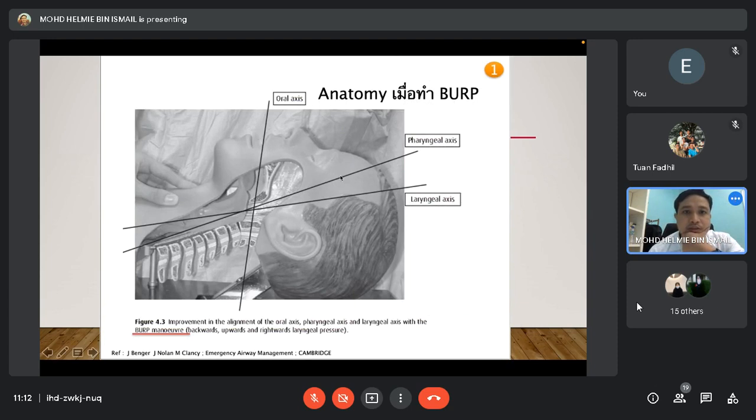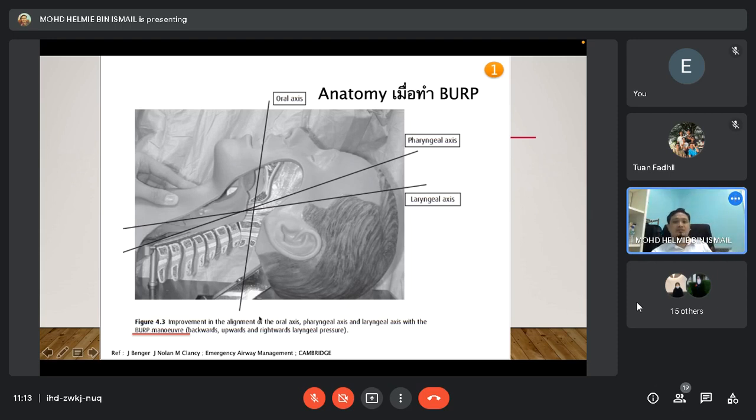So when you position, you can have a maneuver. Satu adalah you position, flex the neck and extend the head. And then to improve visualization of the vocal cord, you can do the BURP maneuver, which is backward, upward and rightward pressure.